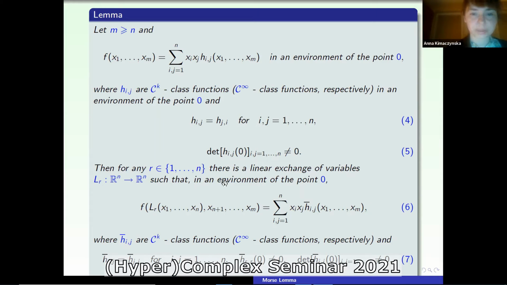Then, for any r from 1 to n, there is a linear change of variables L_r from Rn to Rn such that in an environment of the point 0, f of L_r of (x, x_(n+1) to x_m) is equal to the sum from 1 to n of x_i x_j underline h_ij of x, where underline h_ij are C^k class functions, C infinity class functions respectively, and underline h_ij is equal to underline h_ji for i, j from 1 to n, and underline h_rr of 0 is not equal 0, and the determinant of this matrix is not equal 0.